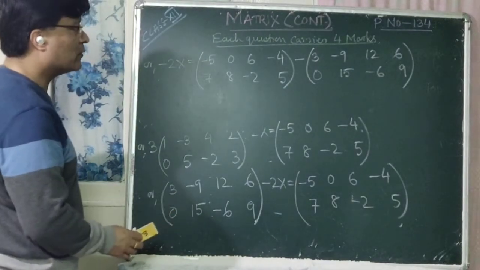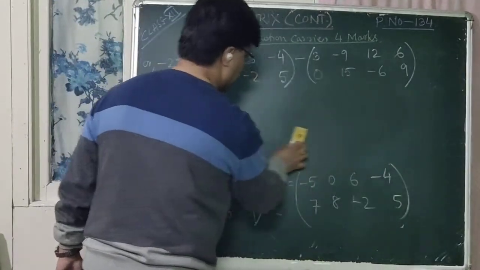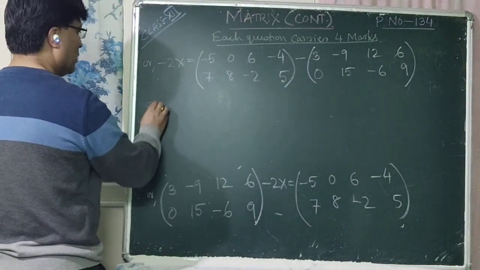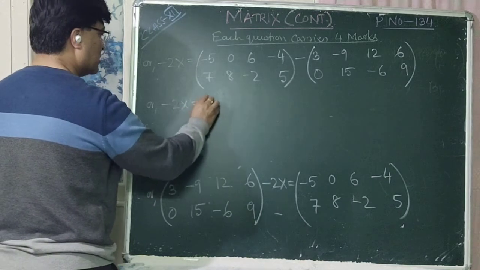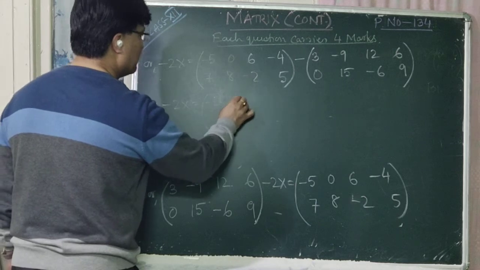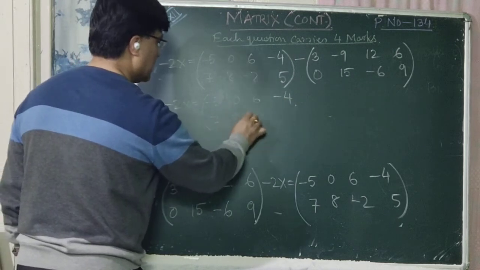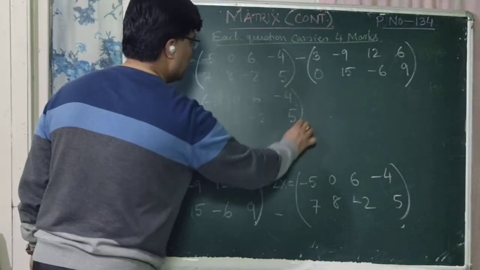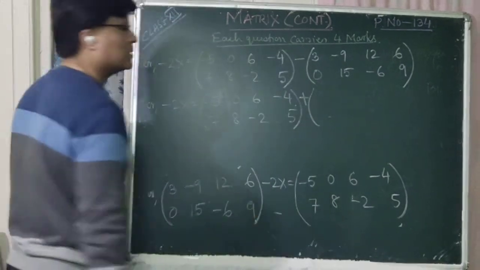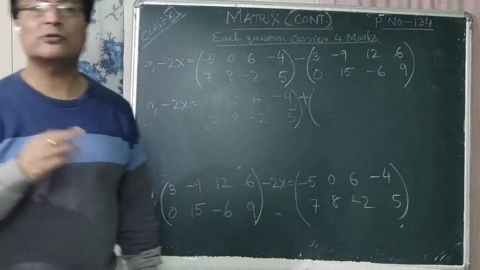So is that clear to all of you? Let us simplify it again. Minus 2X is equal to, the first matrix remains the same: minus 5, 0, 6, minus 4, 7, 8, minus 2, 5. Then if there is only a minus sign, there is a minus 1.